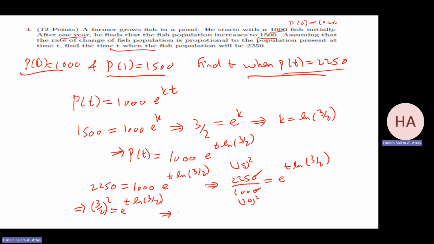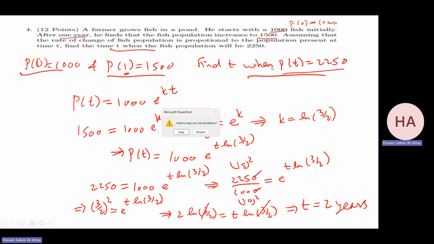Take ln, I have 2 ln 3/2 equal T ln 3/2. So this is cancelled, so T equal 2, not 4, huh? Because P at 1 in this one, P at 2 in that one. So T equal 2 years.